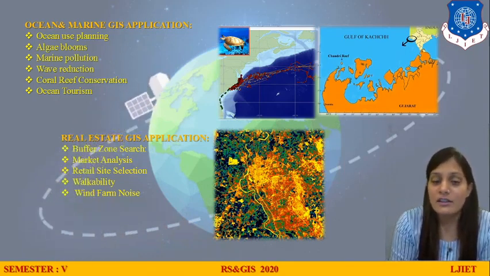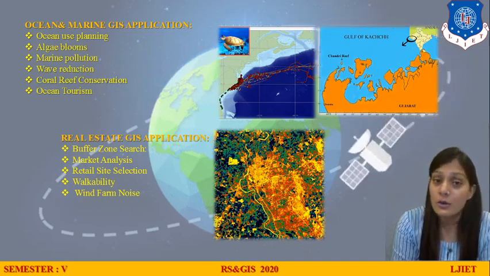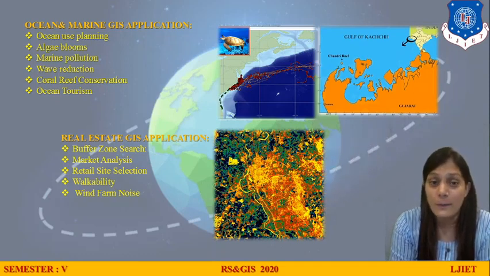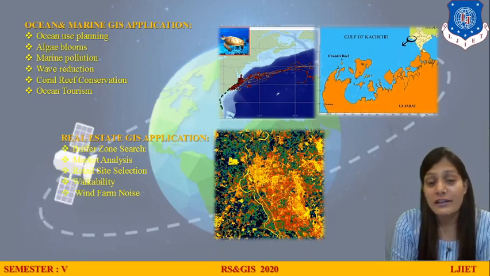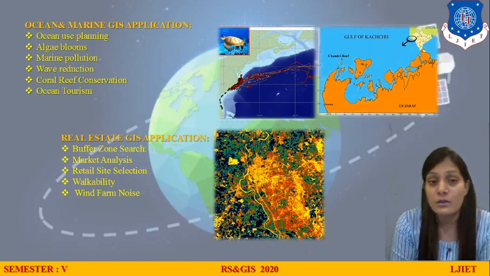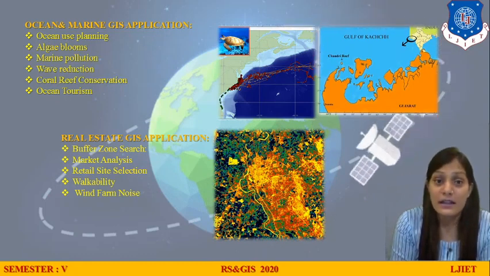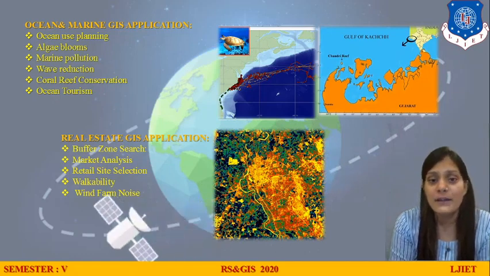Basically, the wave intensity is more under the water, then we can reduce that. How can we do that? By constructing some things. But if I want to construct underwater, I need to have many policies and many technologies for it. Coral reef analysis right now in India is going on in a big way, because coral reefs are the ecosystem which is right now maintaining our whole climatic conditions and cultures of our country.